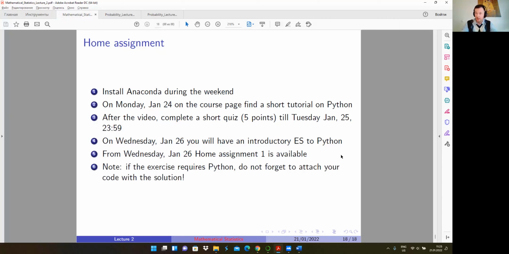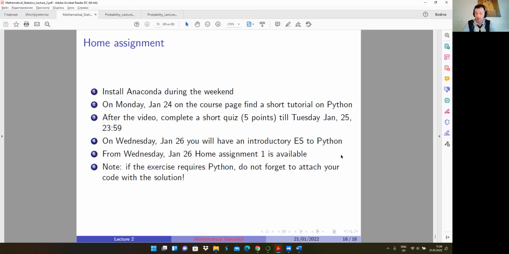One important thing: if an exercise in the home assignment requires some calculation in Python, you will be asked about it at the end of the home assignment. You know that usually with the home assignment I ask you to provide your solution. But when you calculate something by hand, that's one story.